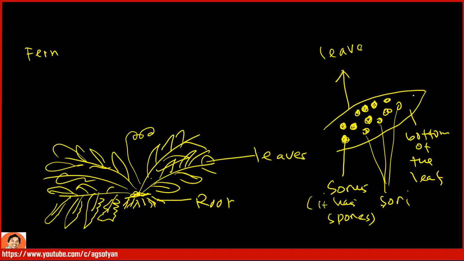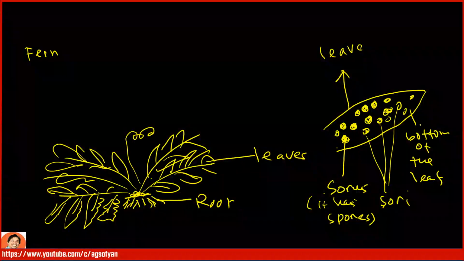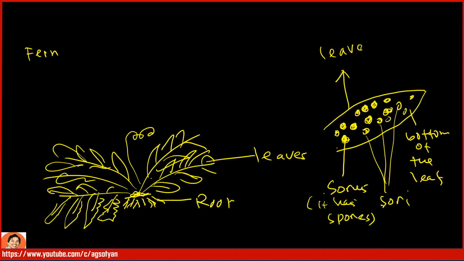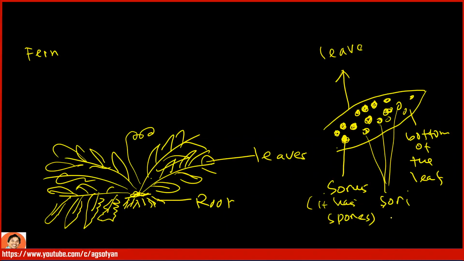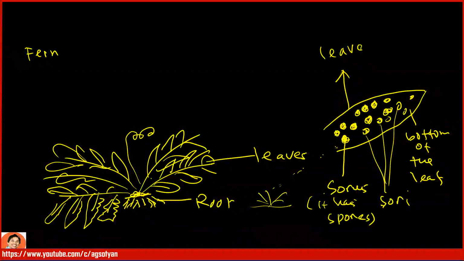If you have fern leaves, at the bottom of the leaf you're gonna see a lot of bumpy structures. It's called the sori, and inside the sori it has the spores. So when the spores spread into the ground, it will create a new fern individual or organism.